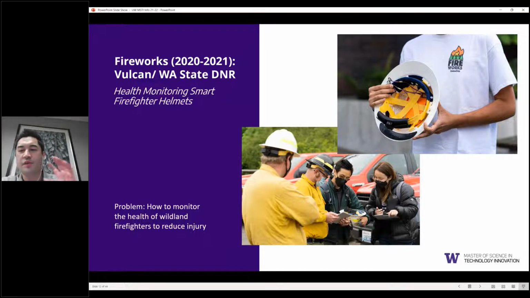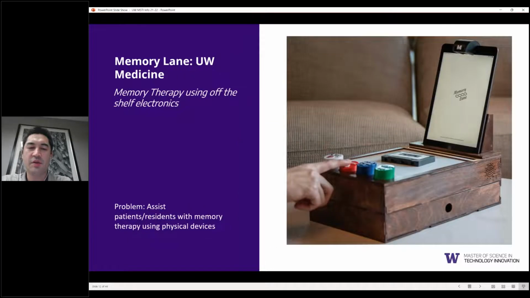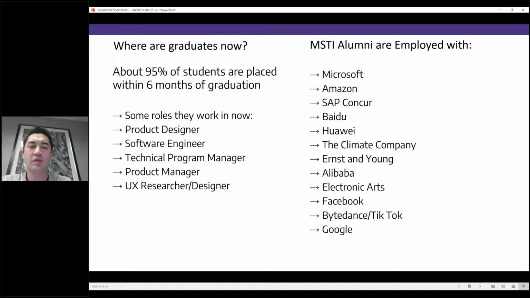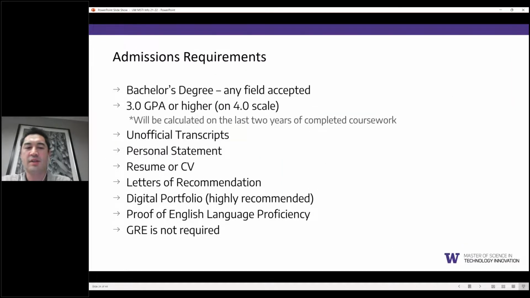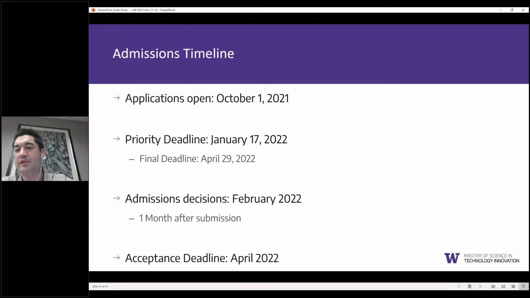The main priority deadline is January 17th. We typically get a lot of applications at that deadline, and so it usually takes us around a month and a half to get to everyone in that group. Anyone who applies outside of that priority deadline will start to get their answers within about two weeks or so on a rolling admissions basis.